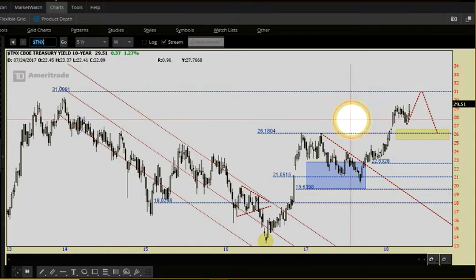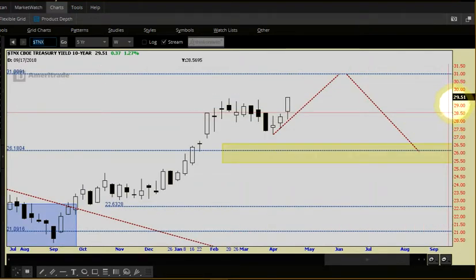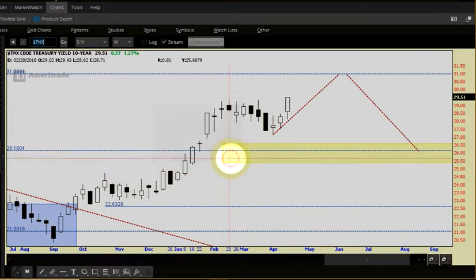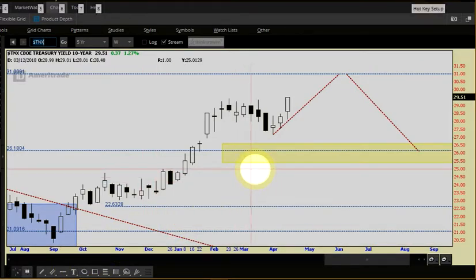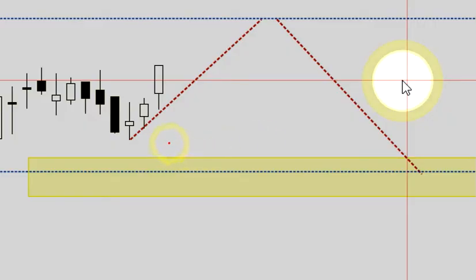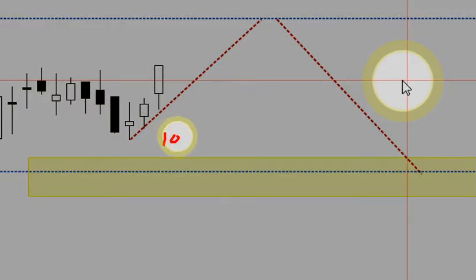The 10-year Treasury is at 2.95 right now. Oops, that's a crazy looking 5.